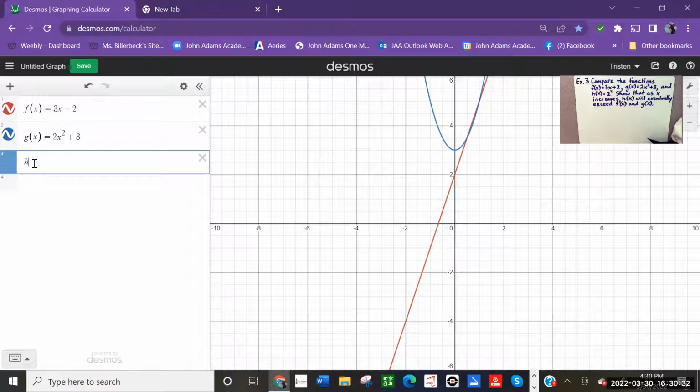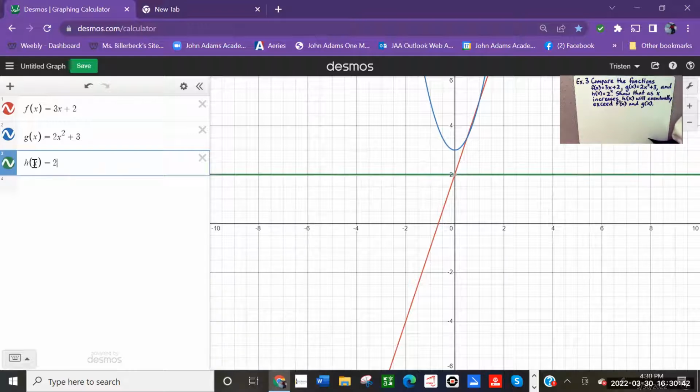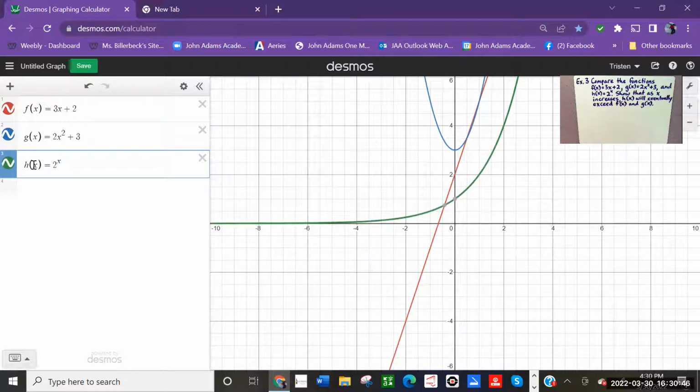Okay, so let's do h of x. We're going to do 2, and then x is going to be up there. Well, look at that. So we see that the line is above this exponential for a great amount of time, and the parabola is well above this exponential too.